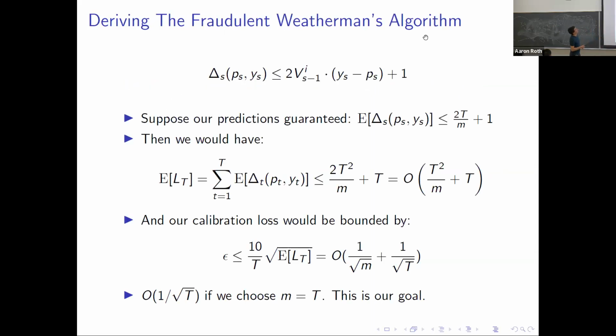We're going to try to come up with an algorithmic strategy for this fraud to try to figure out what he should predict the chance of rain is tomorrow as a function of what's happened so far. And the guiding principle of our strategy is we're going to try to make sure that this term is guaranteed to be small in expectation, this upper bound on how much the squared calibration loss can increase.